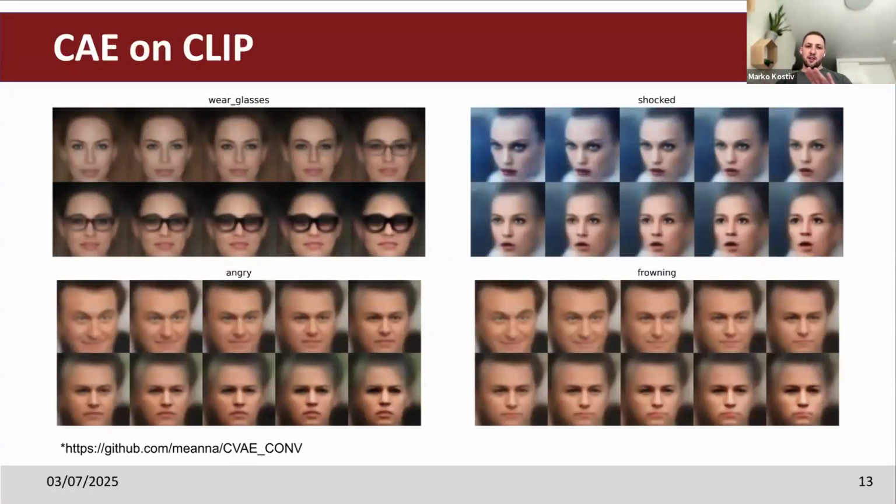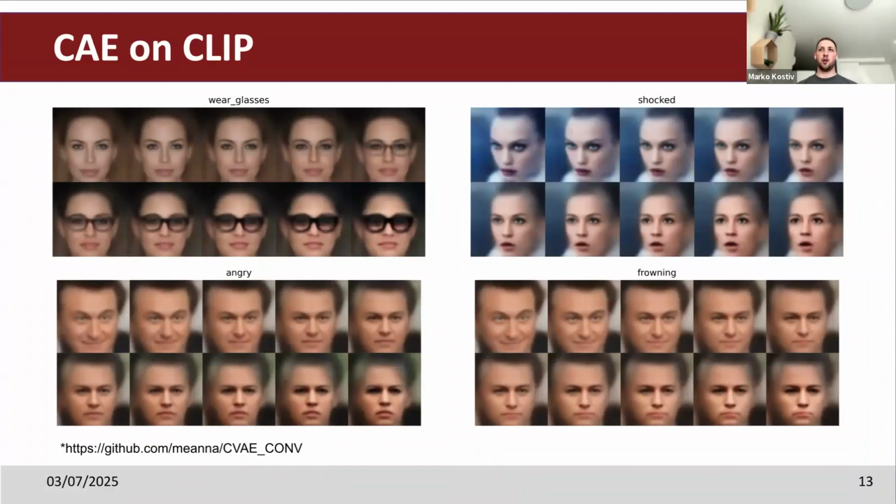CLIP possesses basically the same properties that we've seen in the autoencoder. And those are the faces that are trained with the conditional variational encoder with the CLIP embeddings as the conditions.